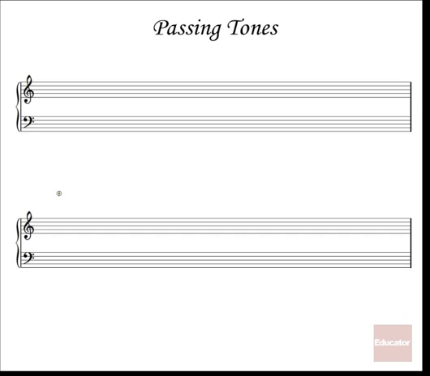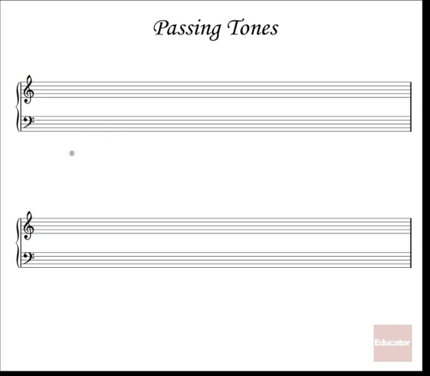So let's take a look at passing tones, and we can look at these non-harmonic tones in the context of our four-voice part writing. So I'm just going to write a couple of chords in a row so we can then introduce some passing tones, or tones that are passing between different notes of a chord but that are not part of that chord.